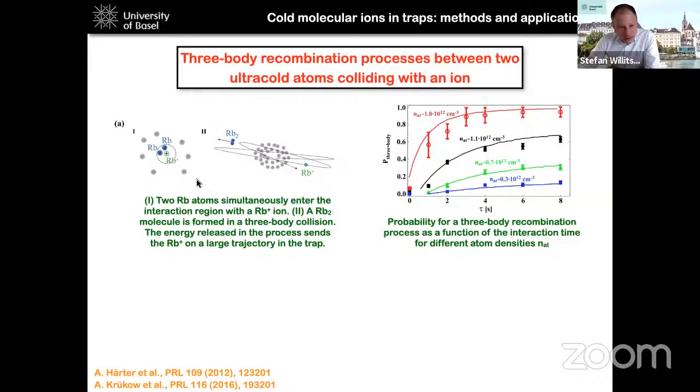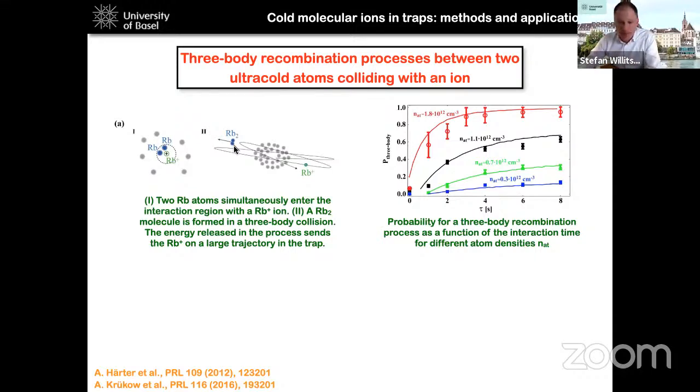What they saw is essentially that if the atom clouds are dense enough, so close to a Bose-Einstein condensate or even a Bose-Einstein condensate, then one can have three-body recombination. In a way, you can think of the ion present in this experiment as acting as a catalyst to form a rubidium-2 molecule.